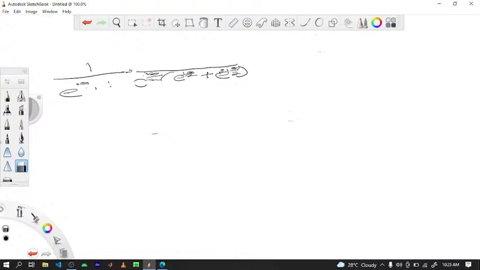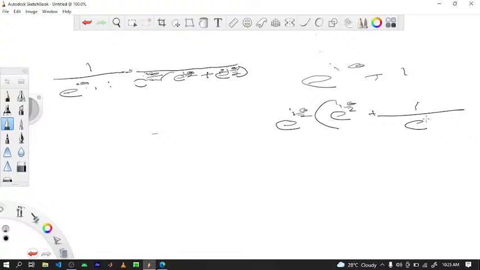Okay. So assuming you have, let's say, e to the i theta plus 1, right? This is the same as e to the power i theta over 2 multiplying e to the power i theta over 2 plus 1 over e to the i theta over 2, right?